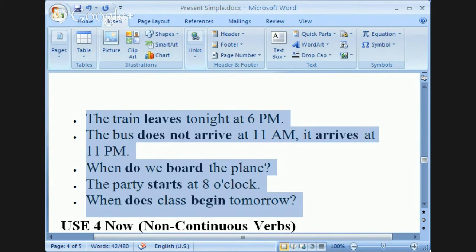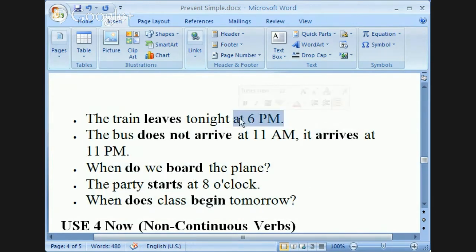Here's the other thing, which I didn't say. Notice in these examples, at 6, at 11, at 8, other than the question forms, when they're asking what time. If you're saying I take Oakley's class tomorrow, you would probably use future tense.